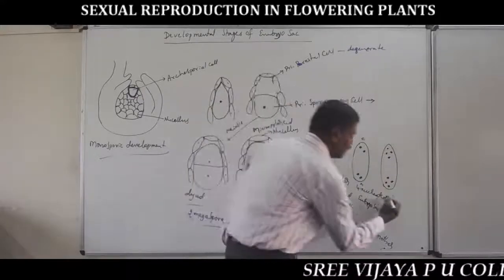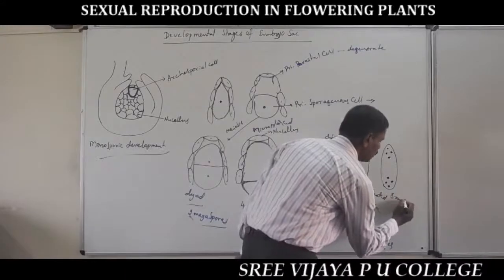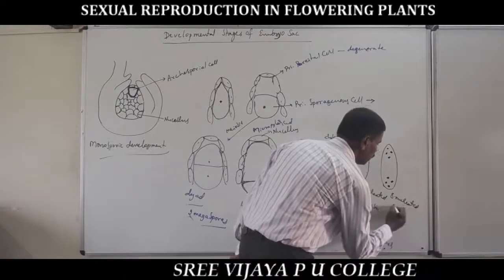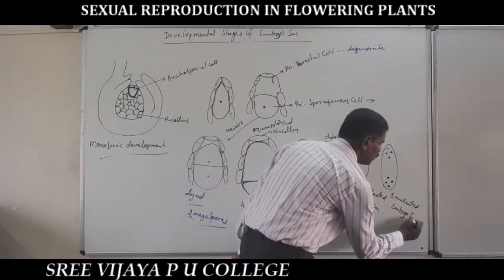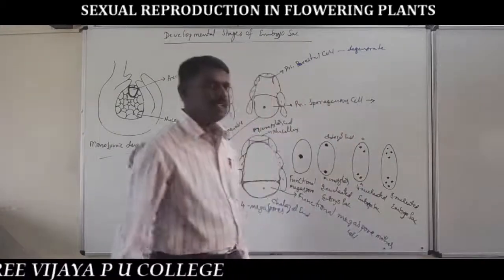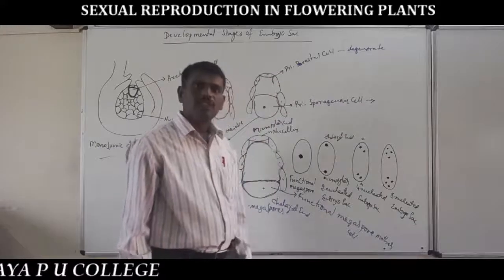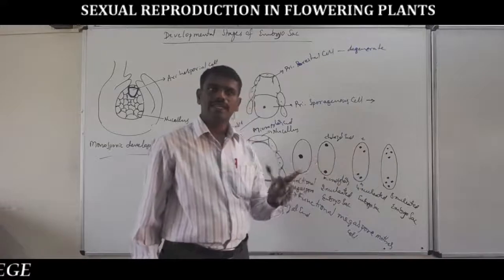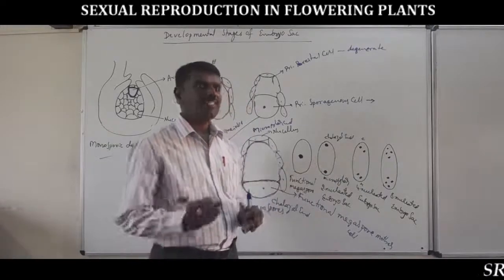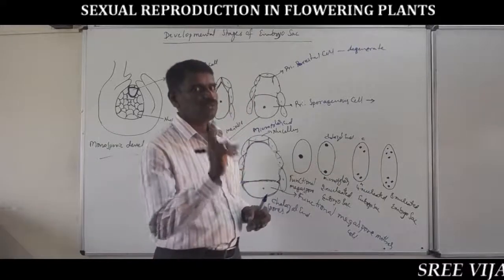That is an 8-nucleated embryo sac. After formation of the 8-nucleated embryo sac, there is suddenly formation of cross walls.